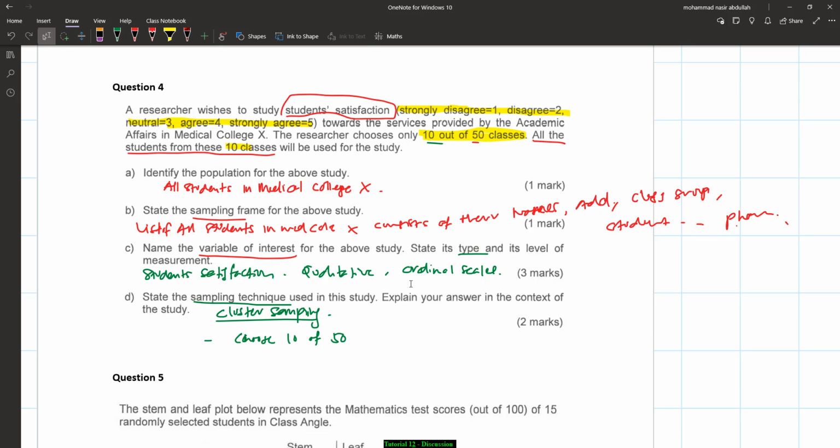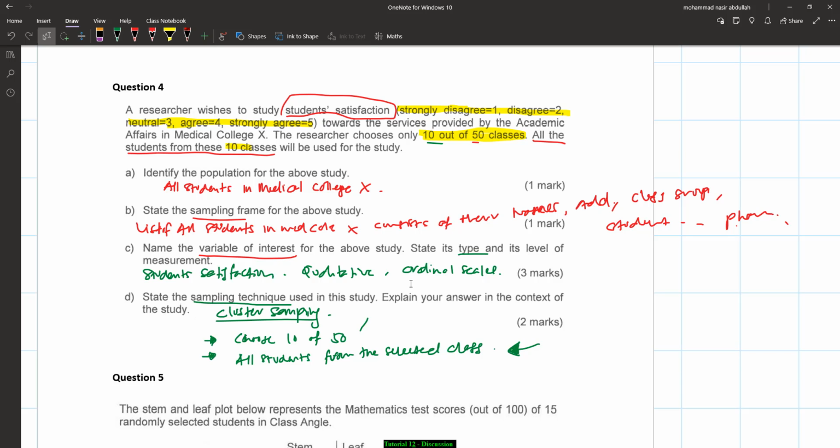This is one of the supporting evidence. The next supporting evidence is all student from the selected class. Yes. So this is the main reason of cluster sampling techniques lah.